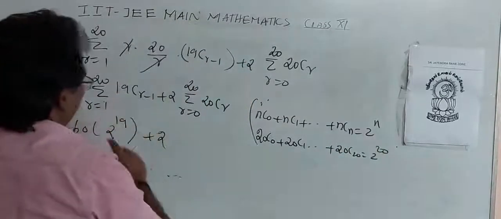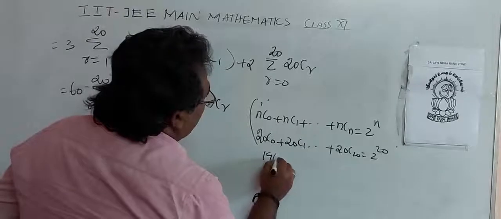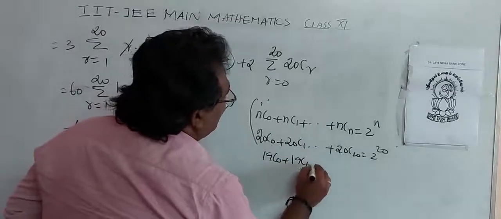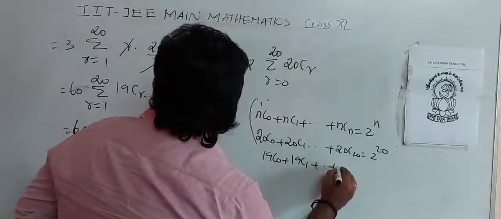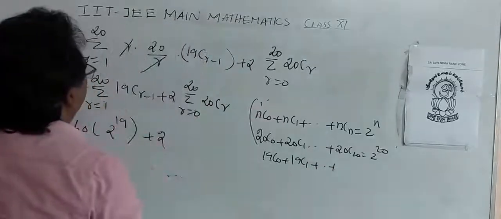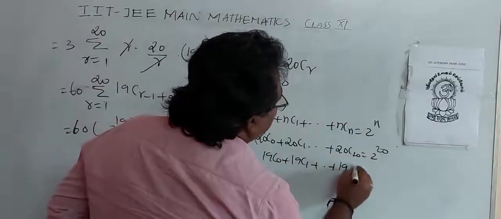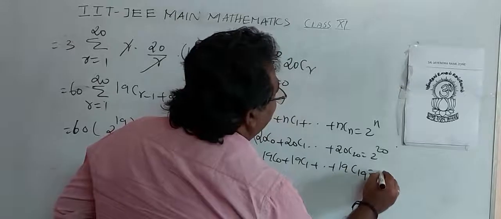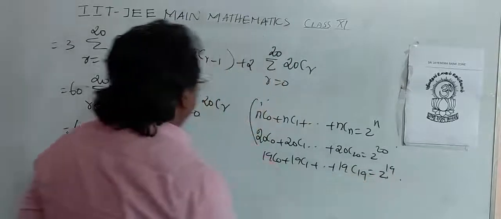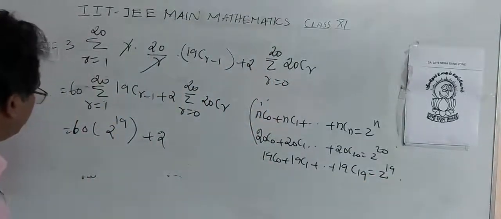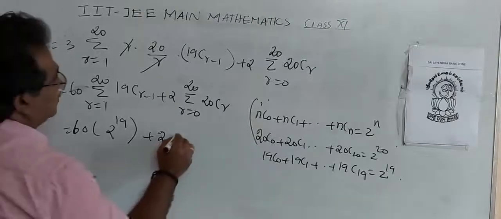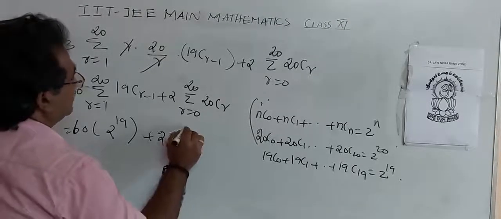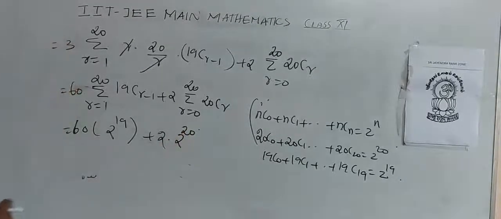In this case, 19C0, 19C1 up to 19C19, that is 2 power 19. So 2 into 2 power 20.